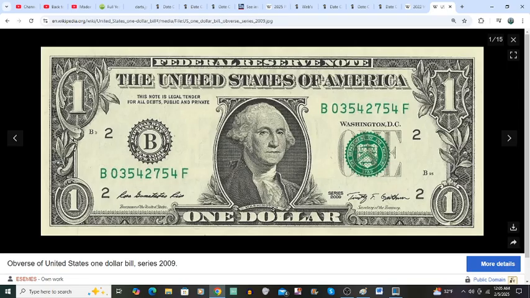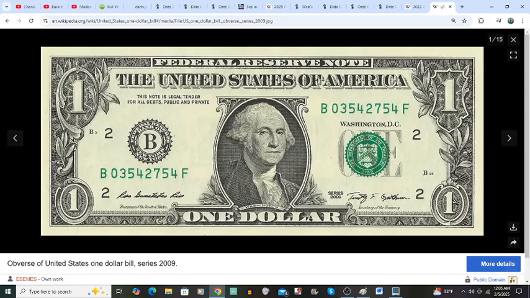This is the side-on view of this frame, but still as a portrait frame. This is the front-on portrait of Washington right here.